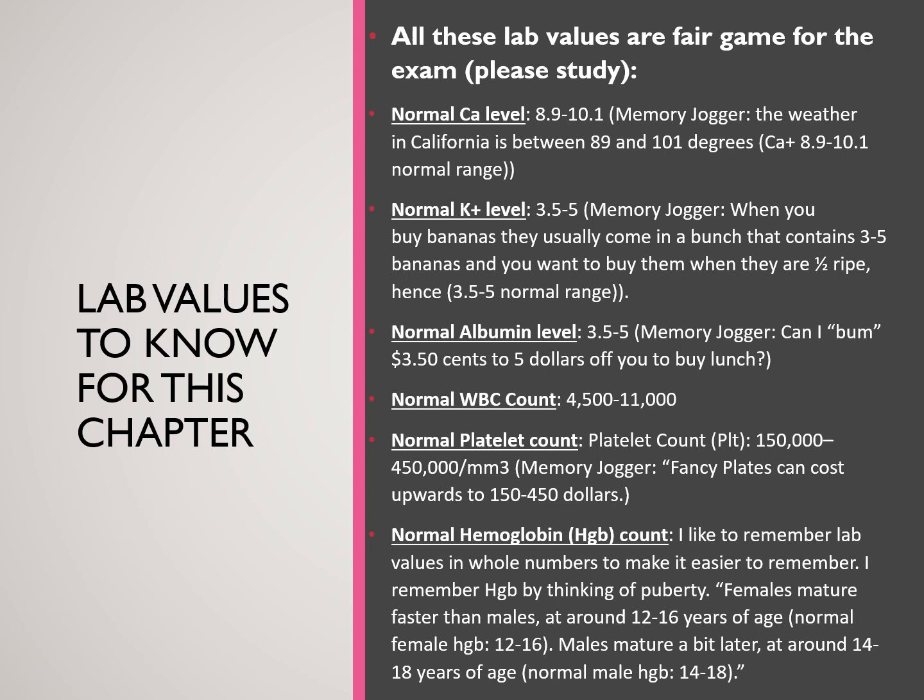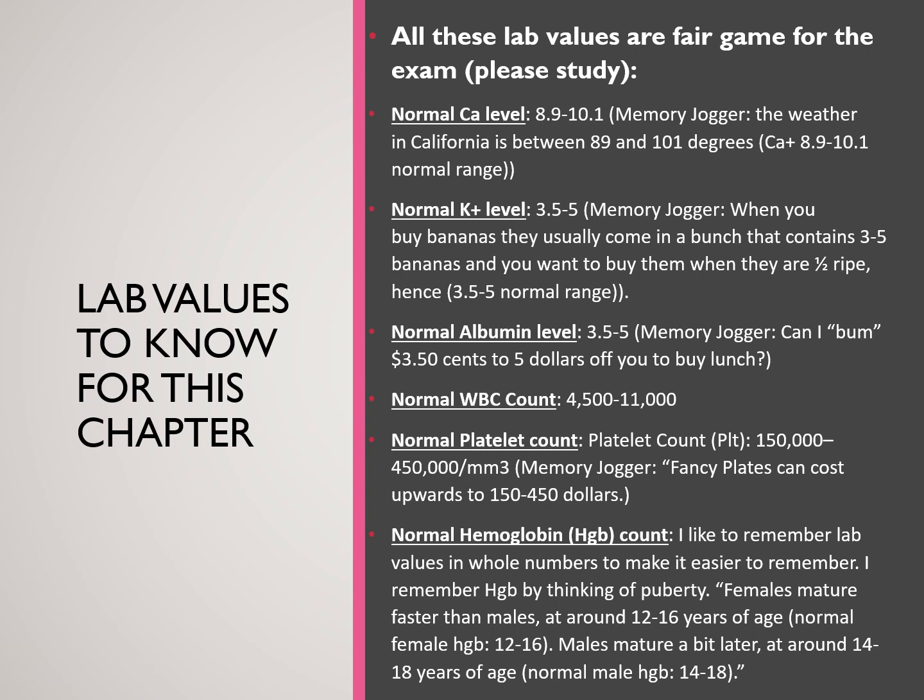Our normal hemoglobin. I like to remember lab values in whole numbers to make it easier to remember rather than decimals, and hemoglobin is a good example. I like to think of puberty. Females mature faster than males, around 12 to 16 years of age, which is your normal female hemoglobin, 12 to 16.